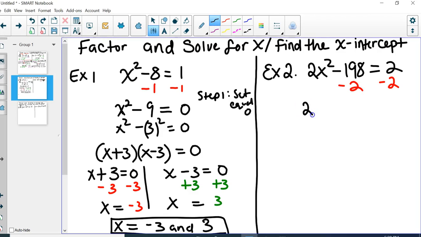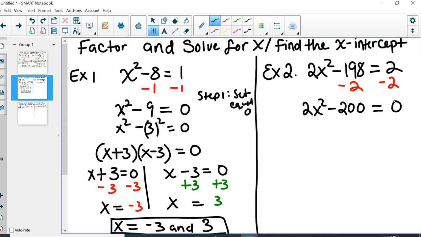So I end up with 2x squared minus 198 minus 2, which is minus 200. Remember, if you have the same sign, you add and keep the sign. It's equal to 2 minus 2, which is 0. So now I've moved the 2 to the other side and set everything equal to 0, which is what we want.